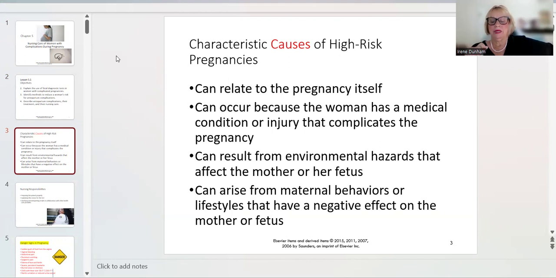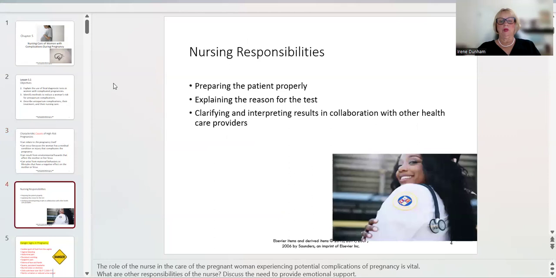Environmental hazards can complicate a pregnancy. There are teratogens out there in our environment that can be hazardous to the fetus. And of course, we talked about lifestyles and how they have a negative effect. It's nice when a woman comes in and she's really healthy, but there are not too many people out there like that.